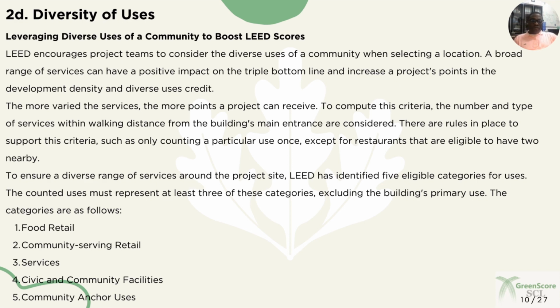Food retail. 2. Community serving retail. 3. Services. 4. Civic and community facilities. And 5. Community anchor uses. We must be able to identify with your project at least 3 of these 5 categories.